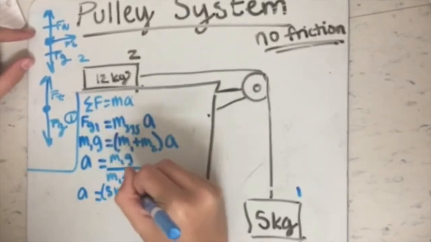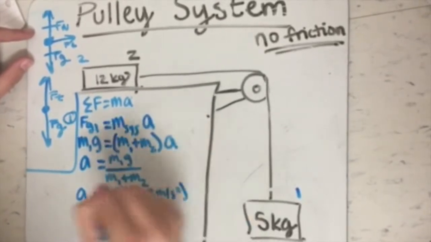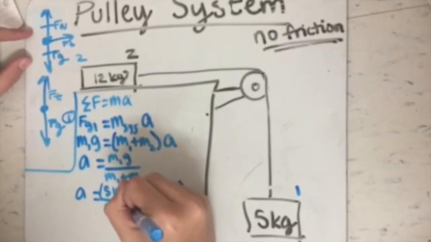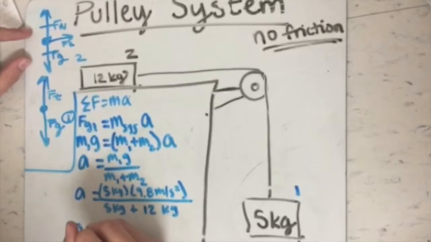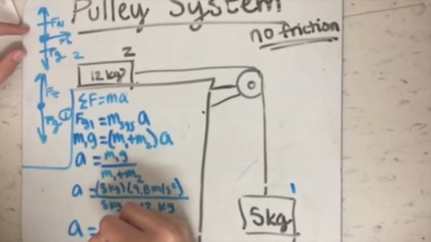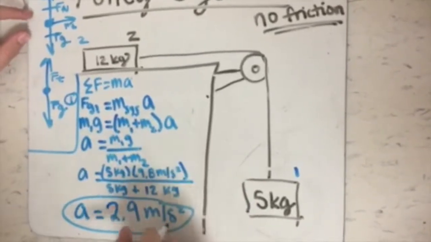So there we get a equals m1g over m1 plus m2. Then we can replace all the variables with numbers. a equals 5 kilograms times 9.8 meters per second squared over 5 kilograms plus 12 kilograms. Once this is simplified, we have our final answer for acceleration, which is 2.9 meters per second squared.